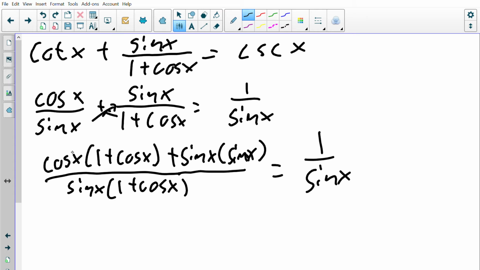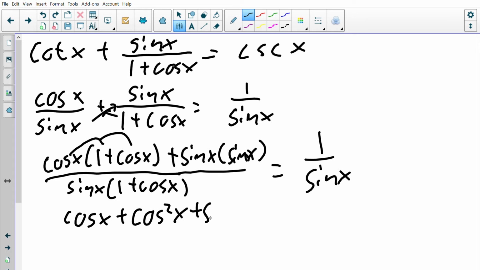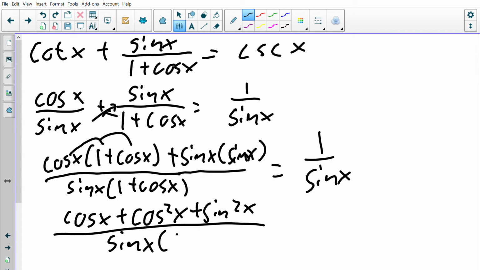So, distributing, I have cosine x plus cosine squared x, and then sine x times sine x is sine squared of x, all over sine x times 1 plus cosine of x.